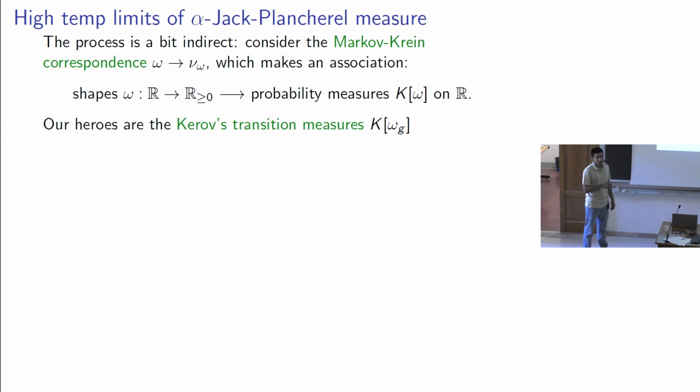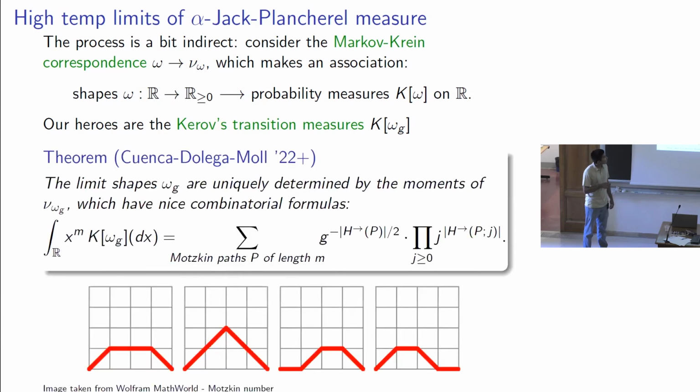And that's our theorem, or a special case of it, which tells me that the limit shape is uniquely determined by the moments of the transition measure. The nth moment of the transition measure is given by a sum over some combinatorial objects of this expression, which depends only on g.